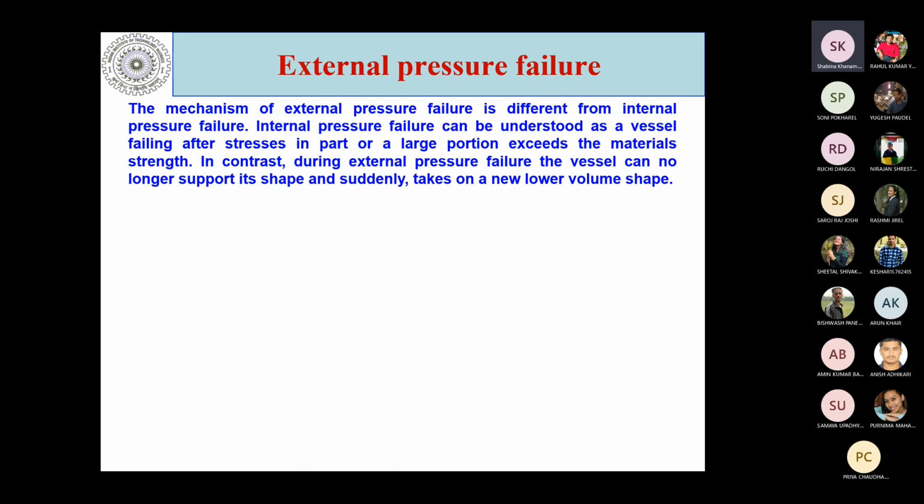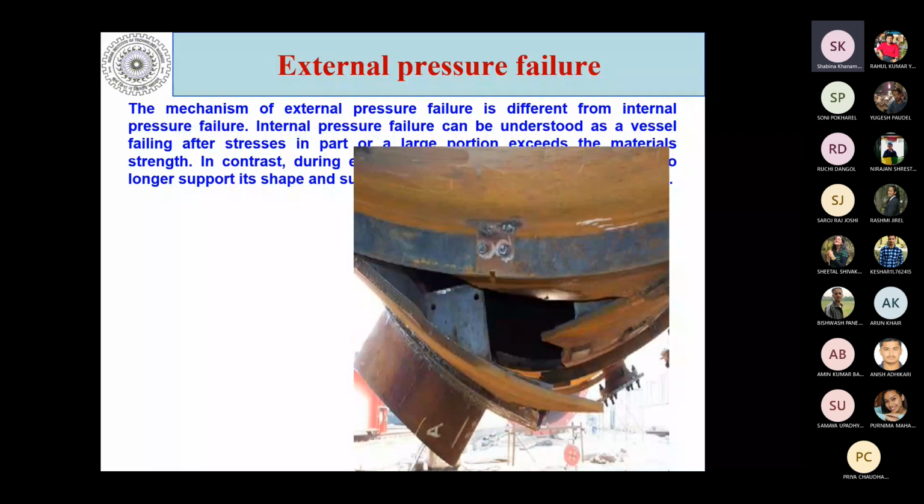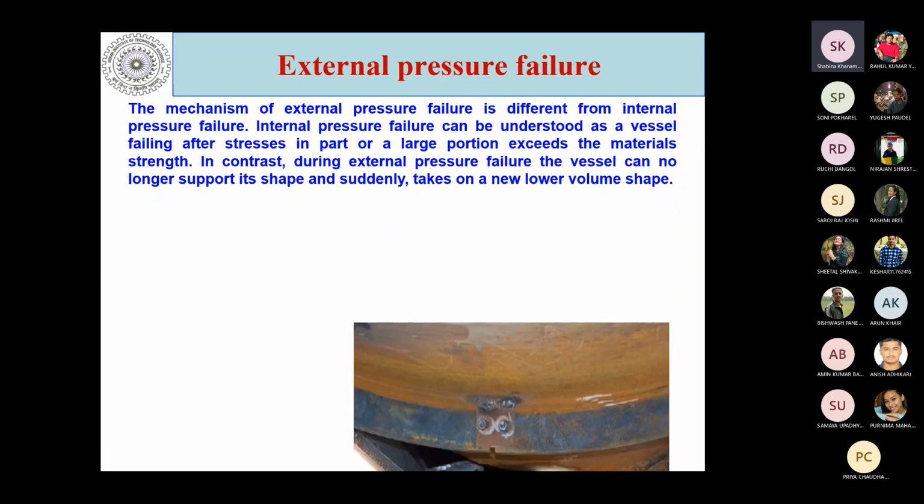How will it look? It will look like bursting. Because internal pressure is more, it will try to rupture that metal sheet and release the pressure. So bursting will occur in that case, and we have this rupture in the metal sheet. This is the internal pressure vessel.